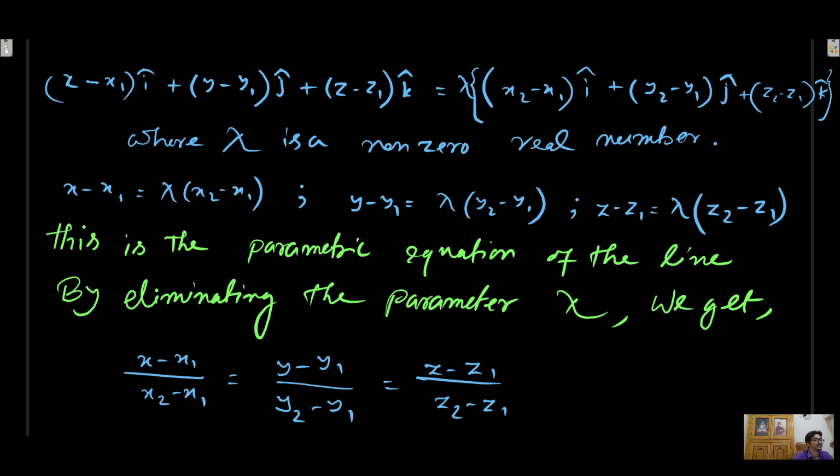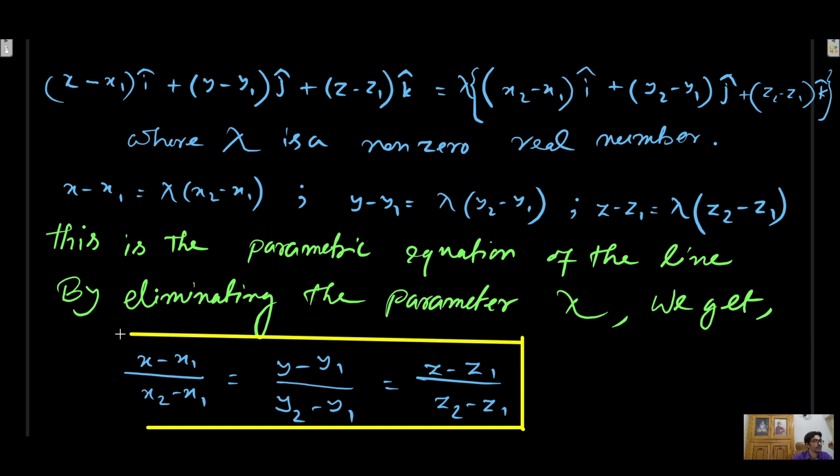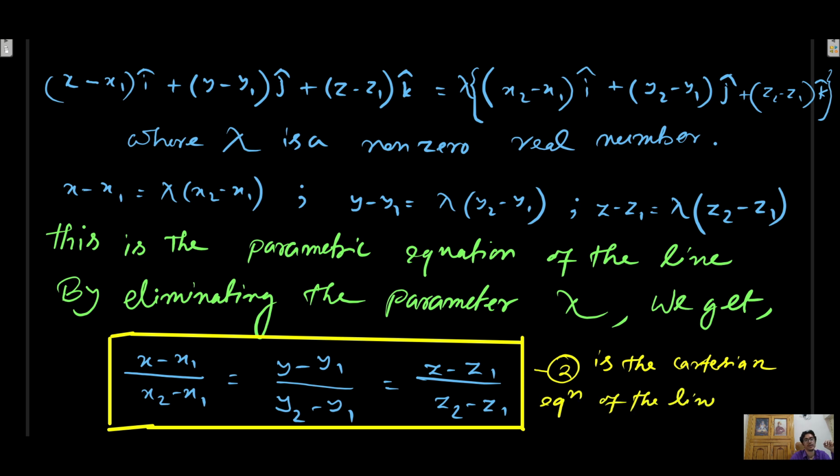Say this is number 2. 2 is the Cartesian equation of the line. So we are done.